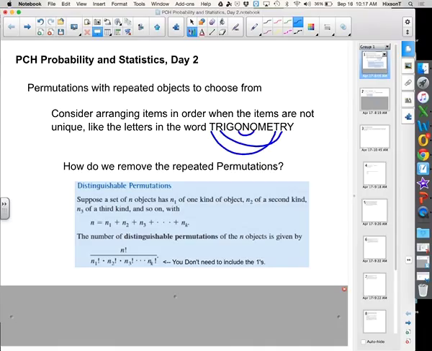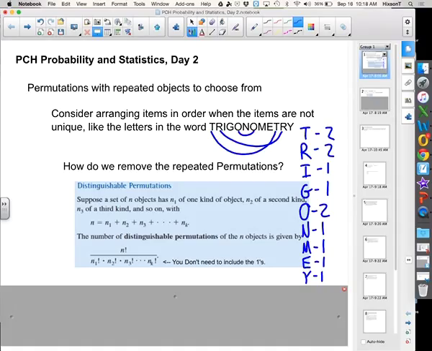To explain what this is talking about, there are 2 T's, there are 2 R's, there's only 1 I, there's 1 G, there are 2 O's, there's 1 N, 1 M, 1 E, and 1 Y. We already have the T and the R accounted for.